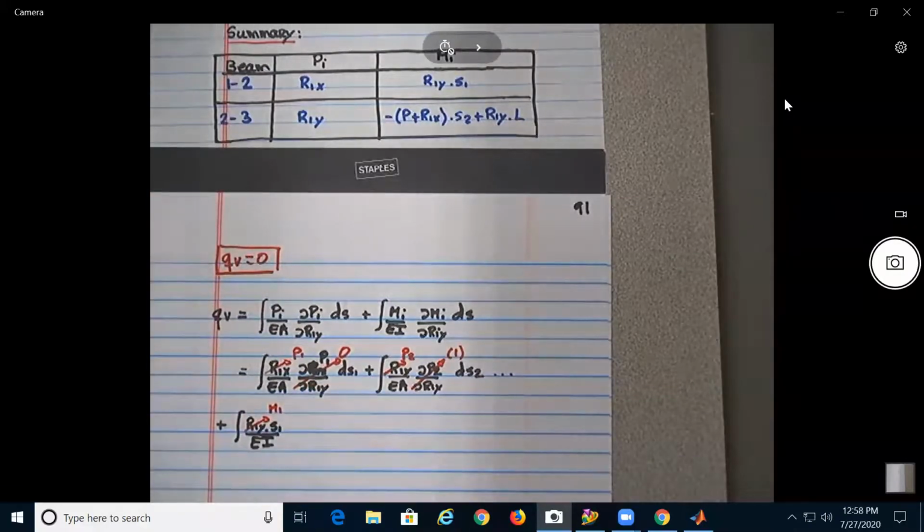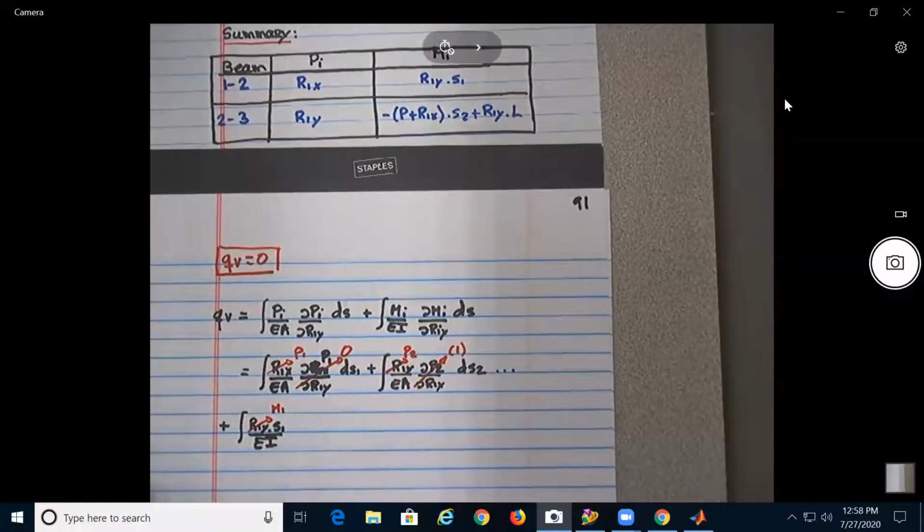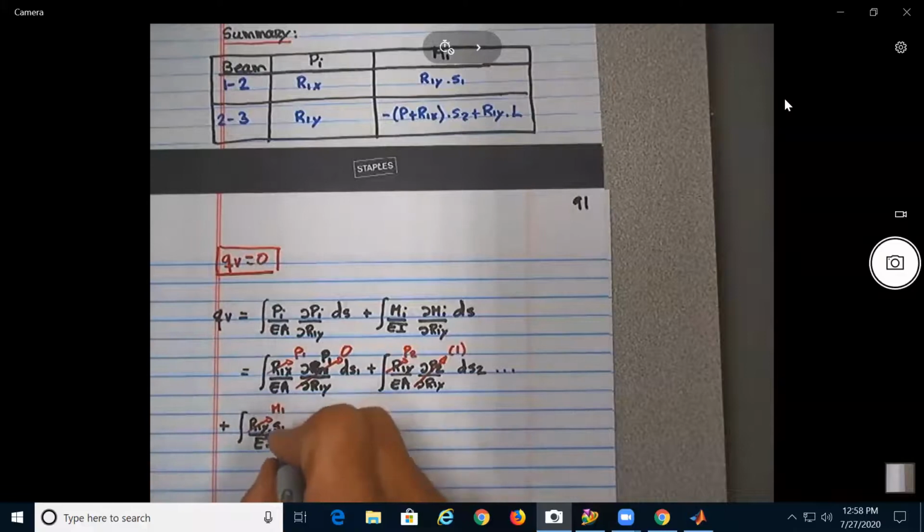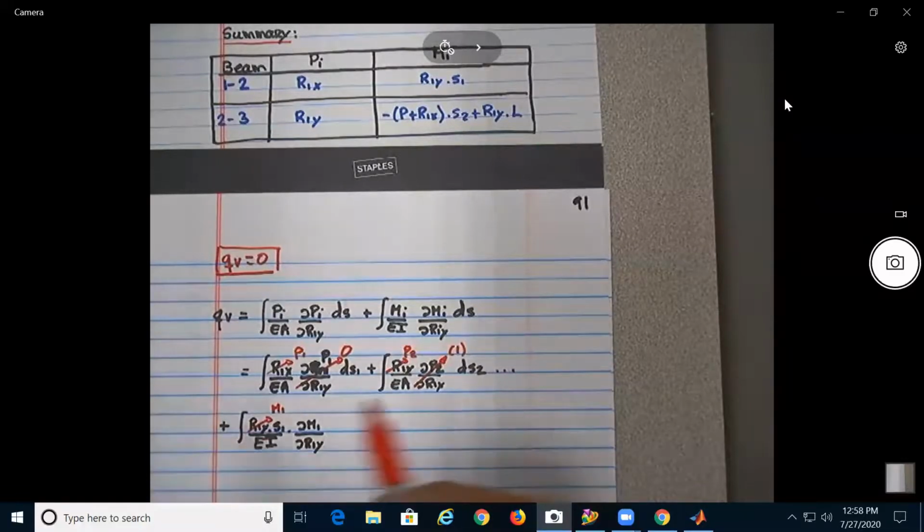M1. Now we need to take the partial of M1 again with respect to the same thing, which is R1y. So what was M1?